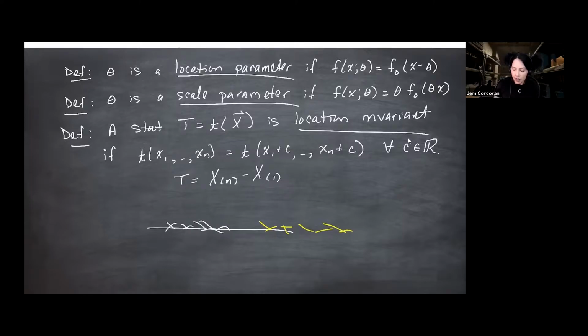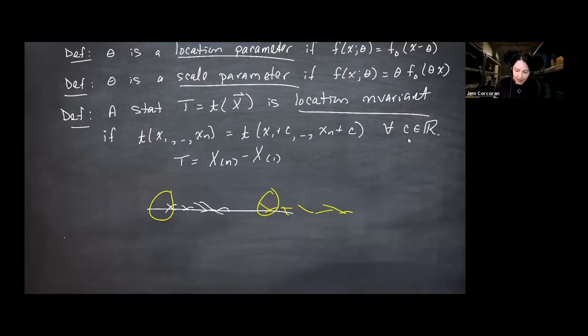The new minimum is just c plus the old minimum, and so the max minus the min is just a range, and it doesn't matter where you are. That's my point.